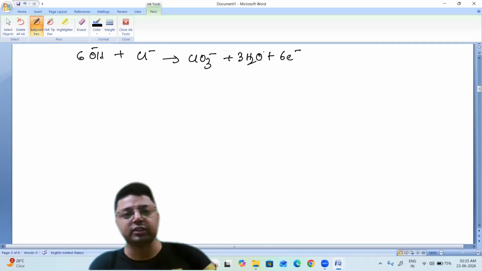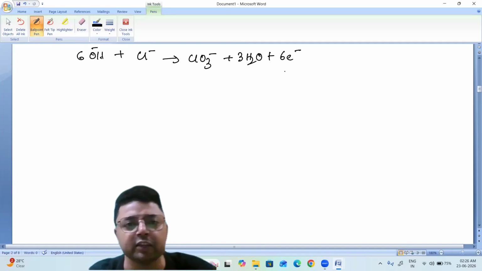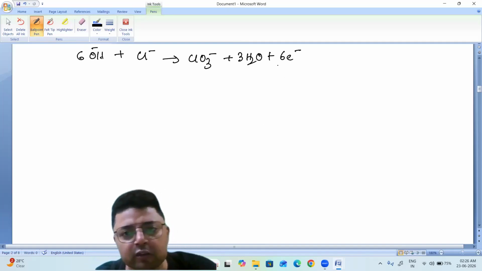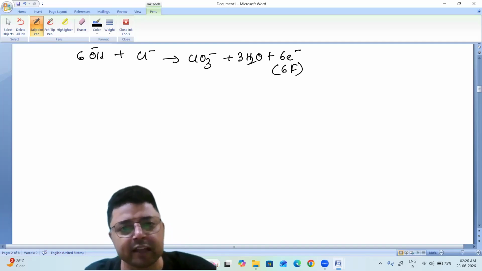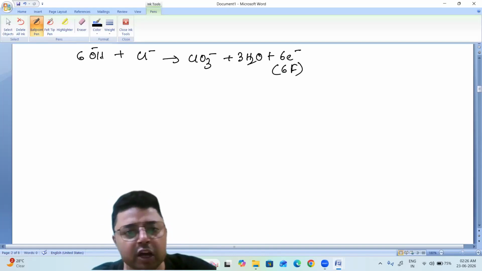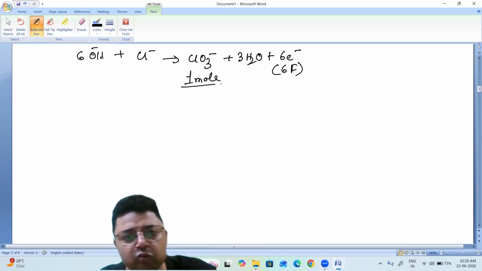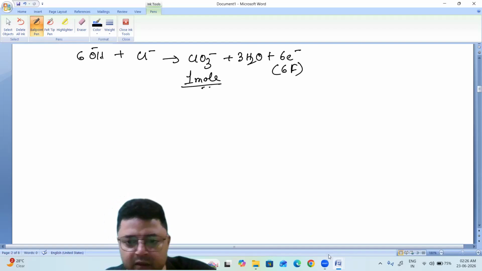Now in this equation, as they have already given you 6 electrons, you will write here 6 Faraday of electricity. Means 6 Faraday of charge is the amount of charge that will be required to produce 1 mole of this ClO3 minus or KClO3.